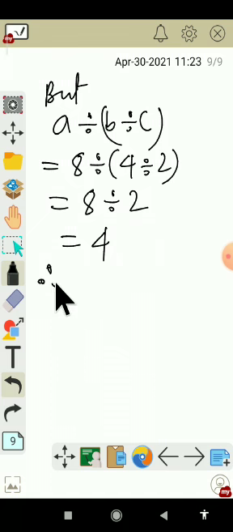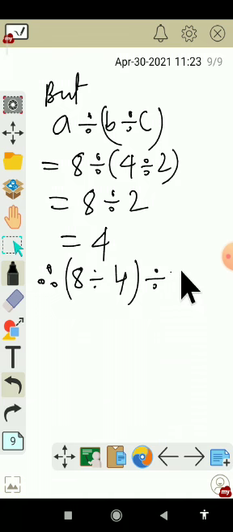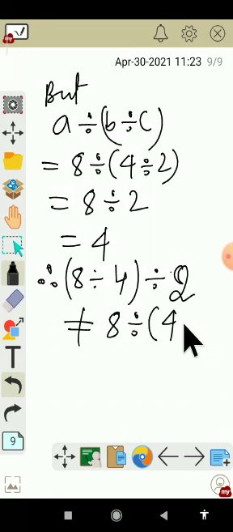So 8 divided by 4 divided by 2 is not equal to 8 divided by 4 divided by 2, where 4 divided by 2 is in the first bracket, here 8 divided by 4 is in the first bracket.